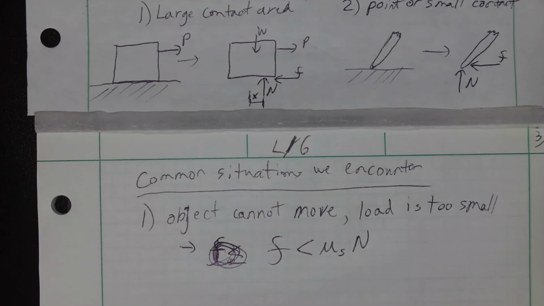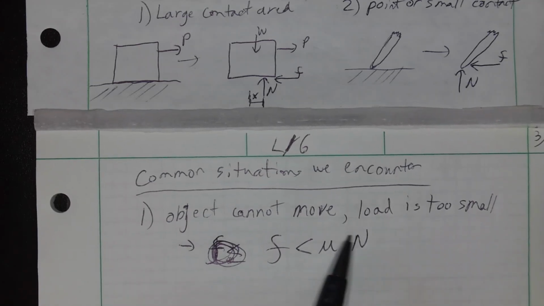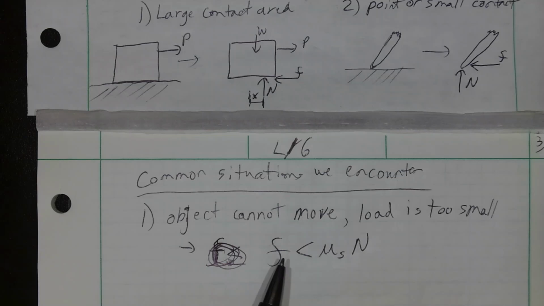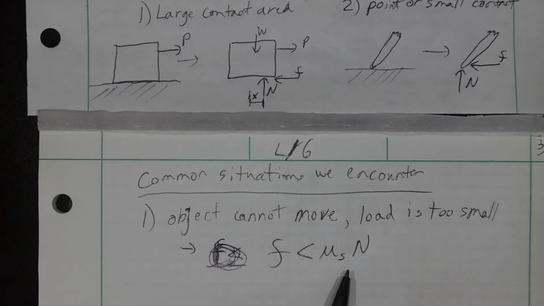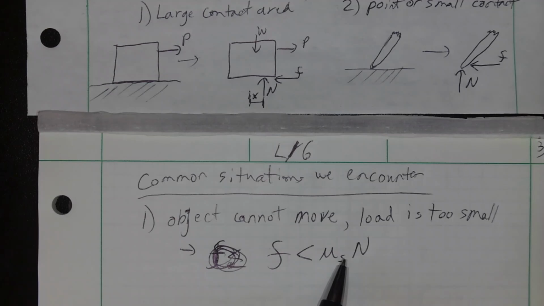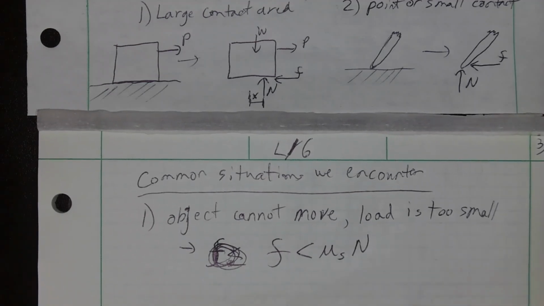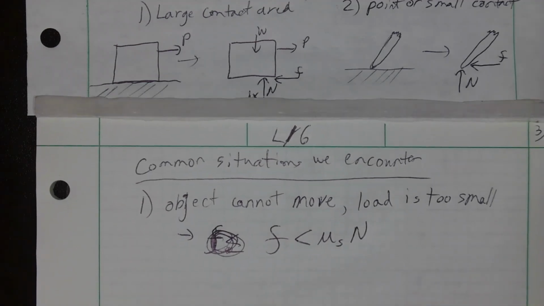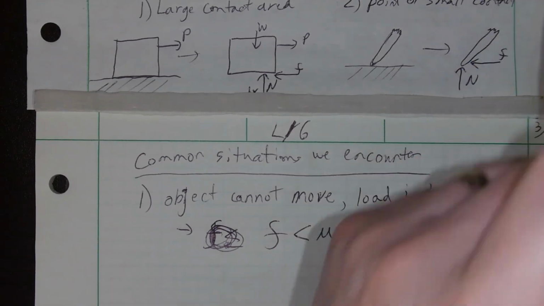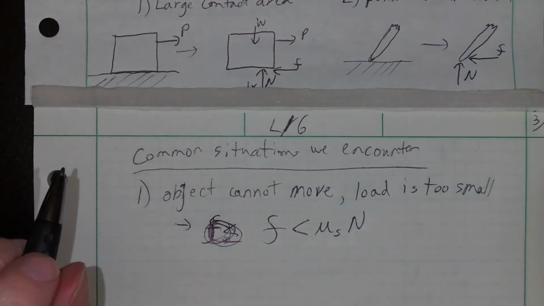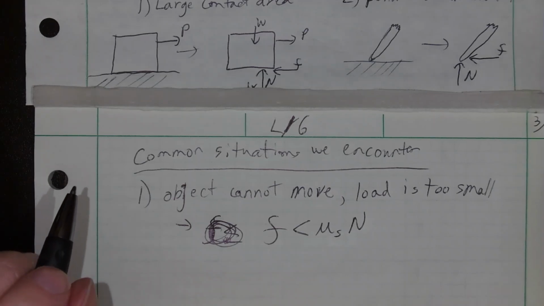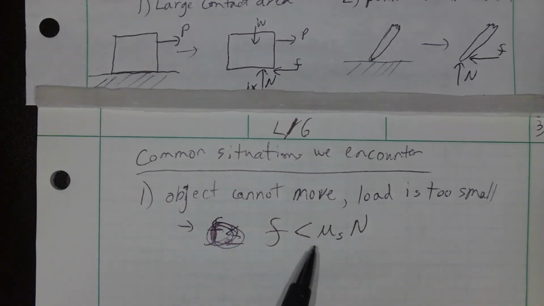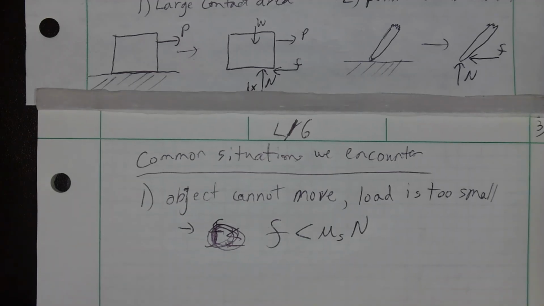If I've not applied enough force to overcome this amount of friction force, the friction force is going to be less than. Don't just set your friction force equal to this value. You're looking for very specific words to tell you that these are actually equal to each other, right?